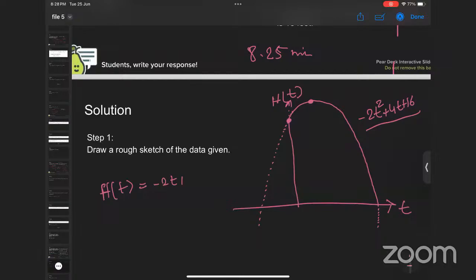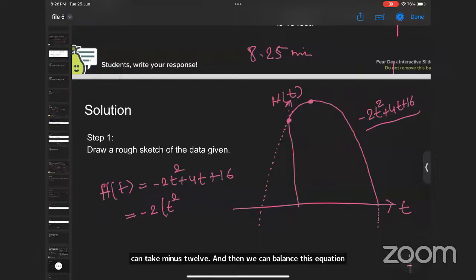Someone is unmuted. Please mute yourself. We can take -2 as common, and then we can balance this equation in this way, right?